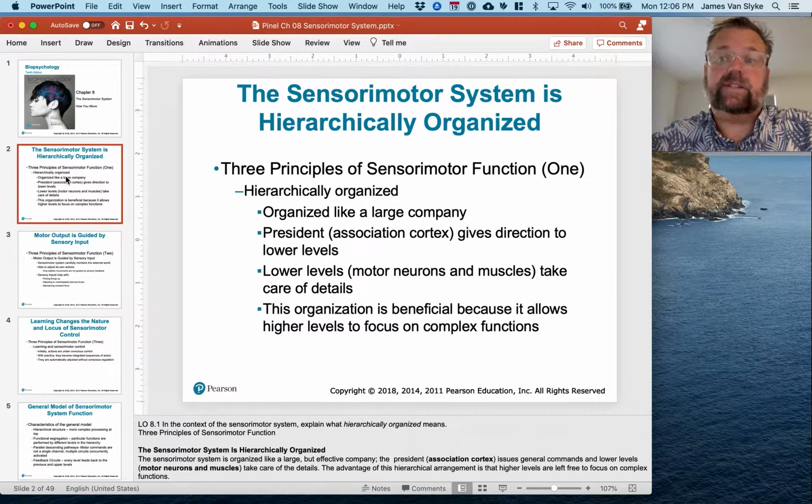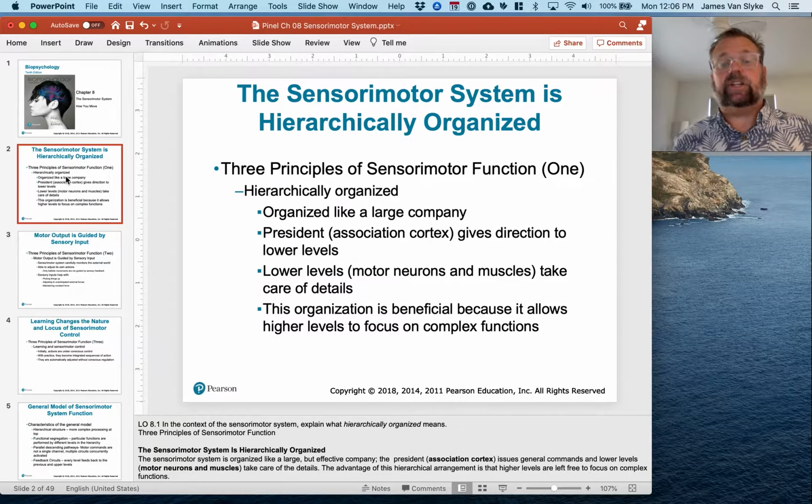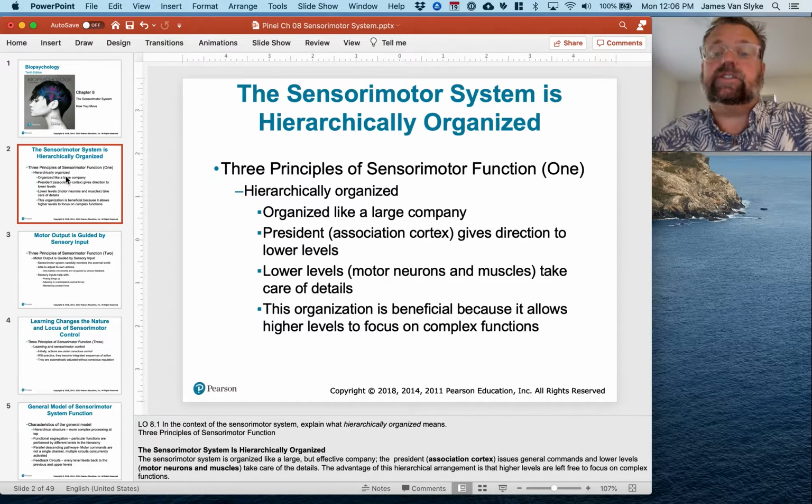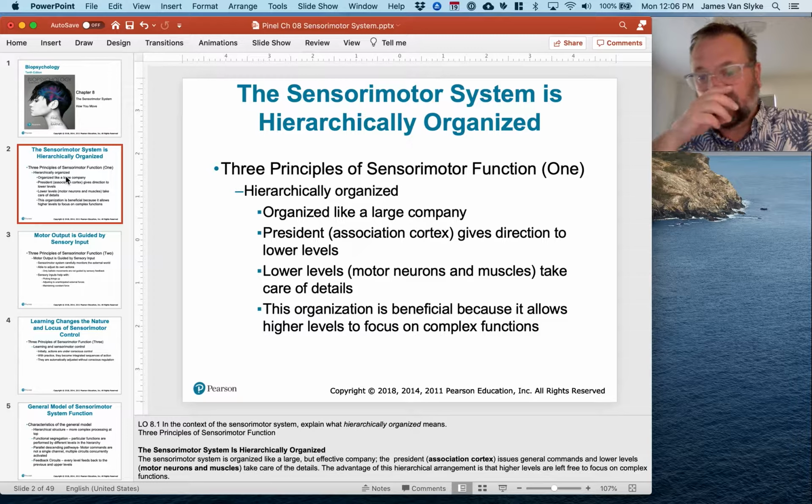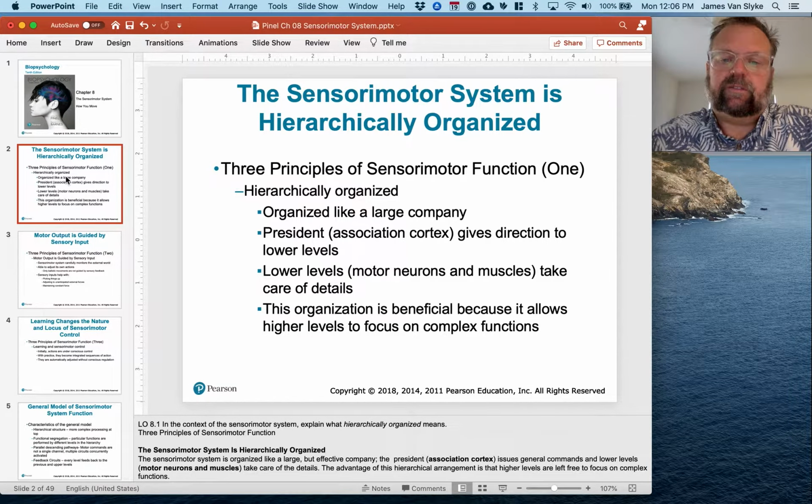So the president of the company, and that would be associated with the association cortex, gives a direction to the lower levels. And then the lower levels, things like motor neurons and our muscles, take care of the details.